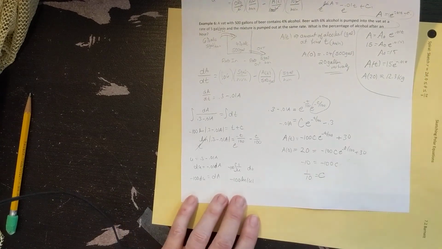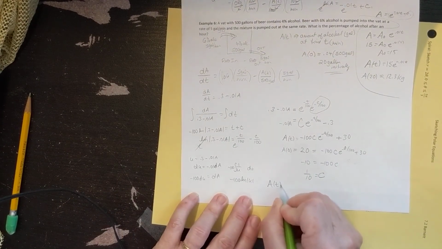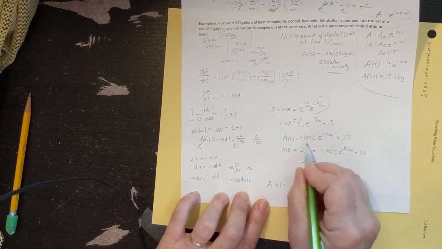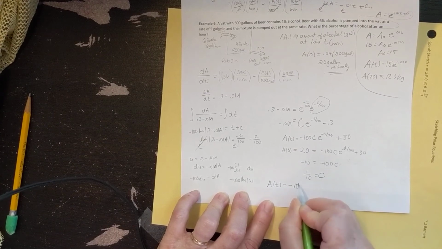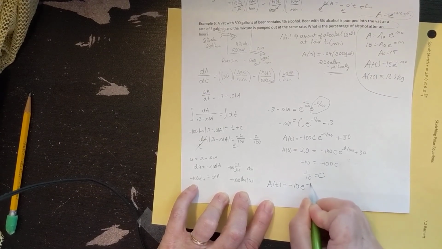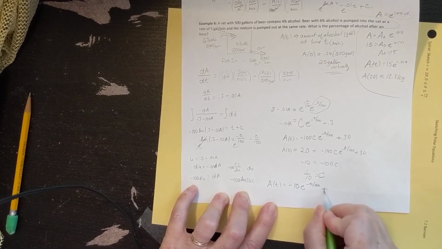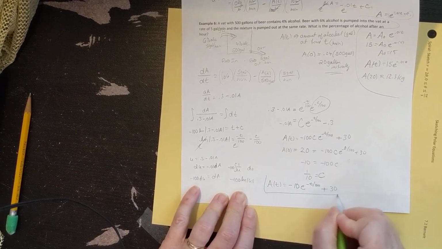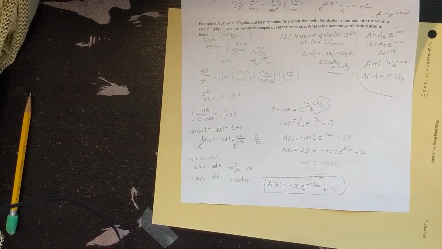So here we go. Our function A of t will be negative 100 divided by 10, or negative 10 e to the negative t over 100 plus 30. This is our function that describes how much alcohol in gallons there are at any time t.